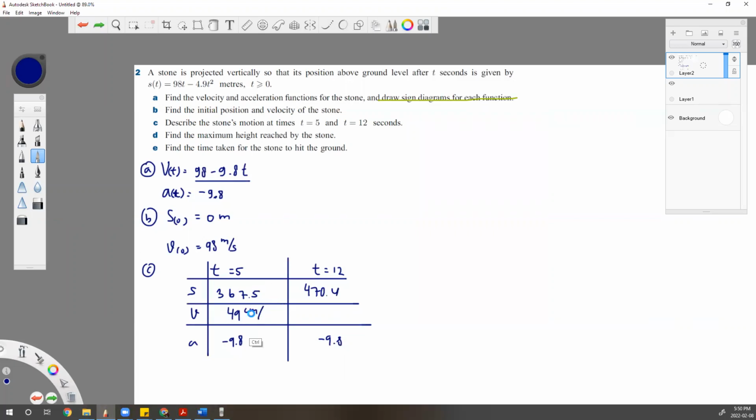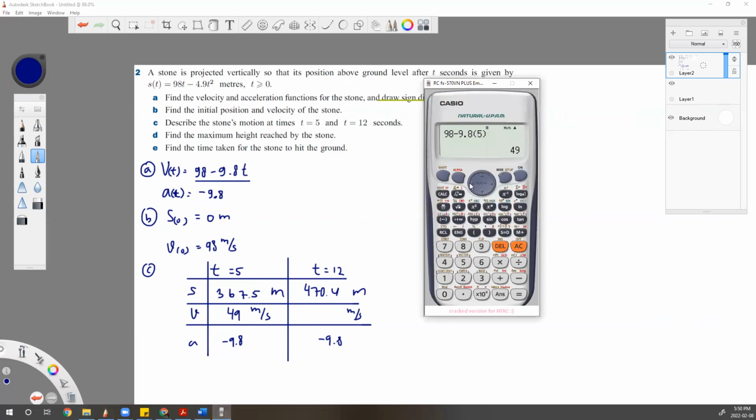Oh, meter, yeah. Okay, meter. And then put the 5 becomes 12. Fine. Negative 19.6.